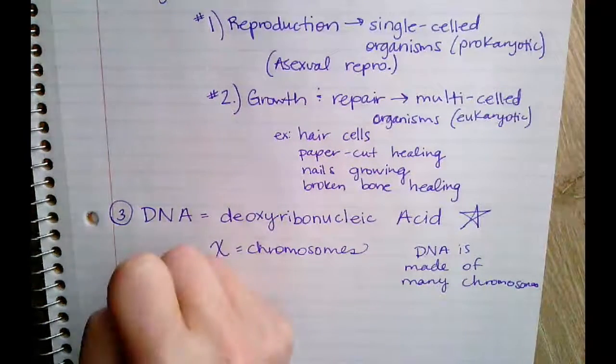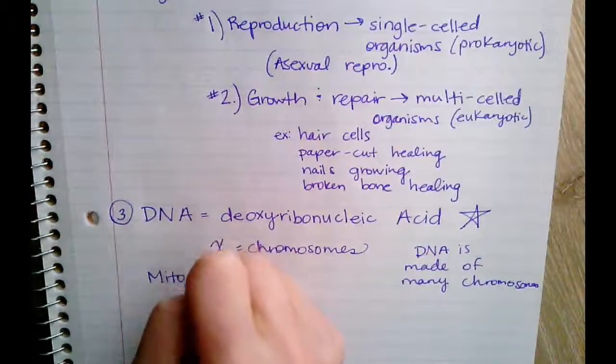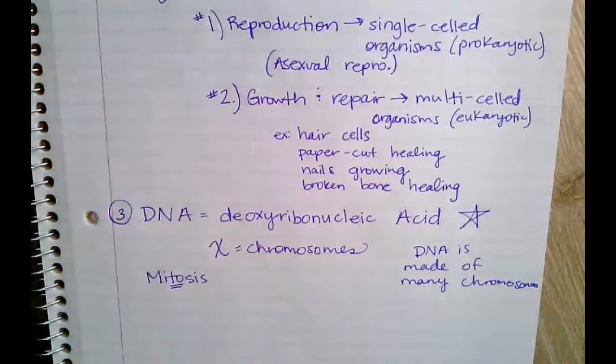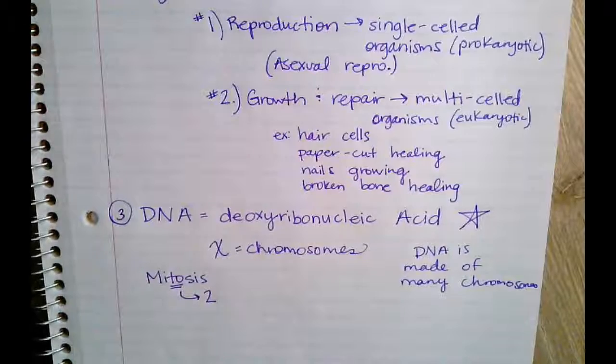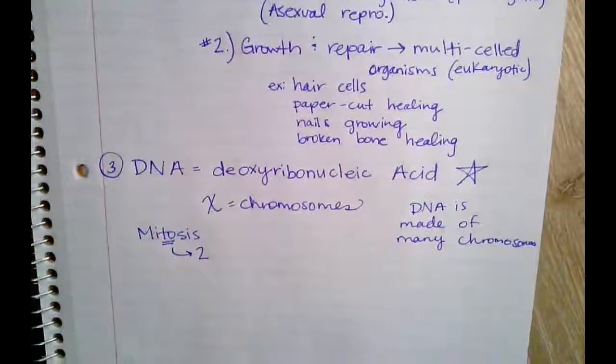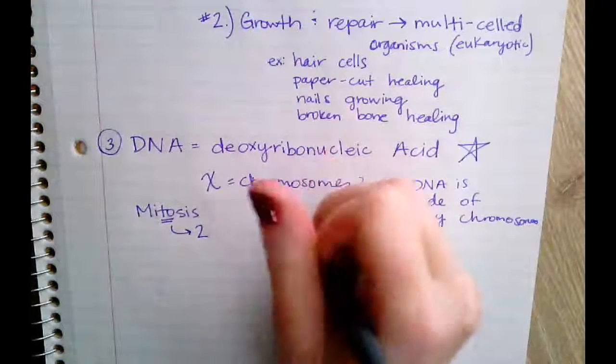I always like to think of mitosis too. These are just some little hints to help you remember this stuff. Mitosis has a 2 in it, like T-O, but I always like to think of that as 2 because we get 2 new identical cells. And then just a little review before I go into the steps of mitosis in the next video.